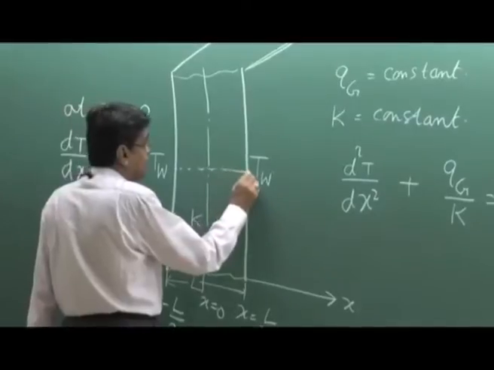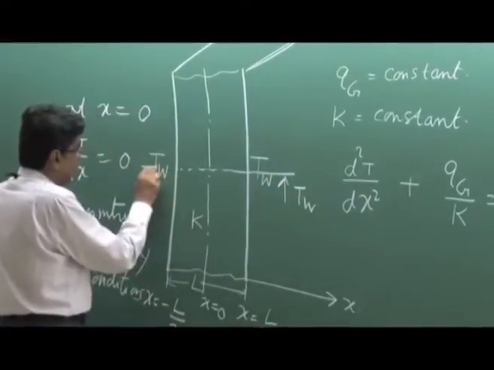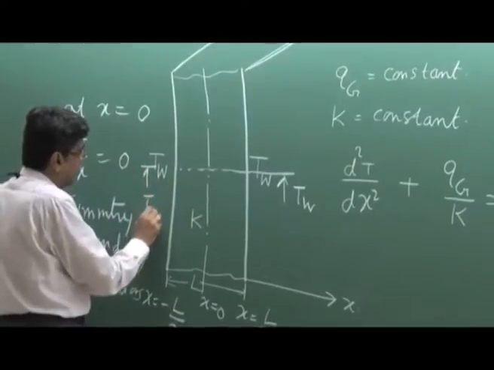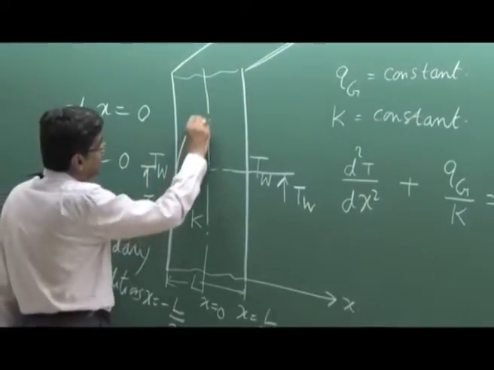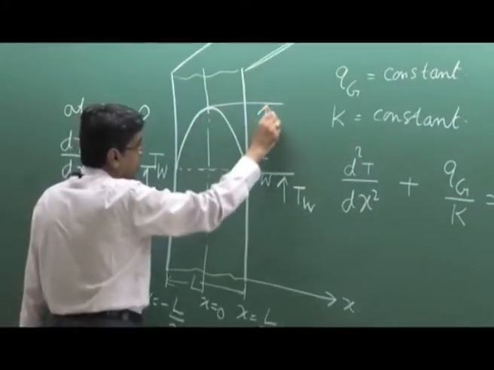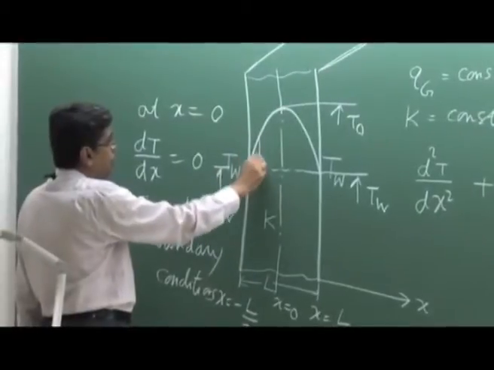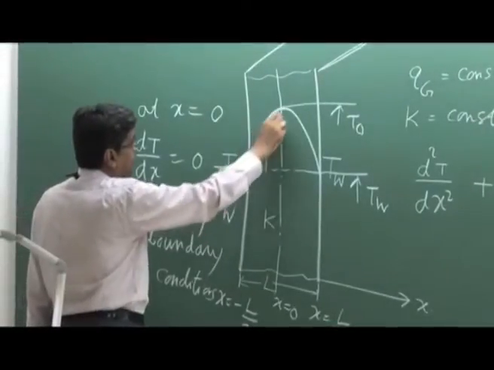So this can be represented in this figure by some T0, TW scale here, like this. This is my T0 value in the same scale. So this will be the temperature variation.